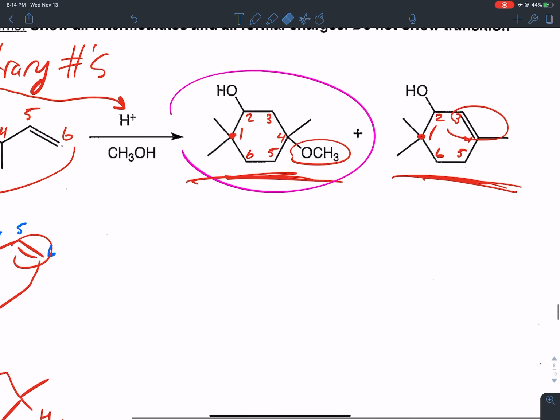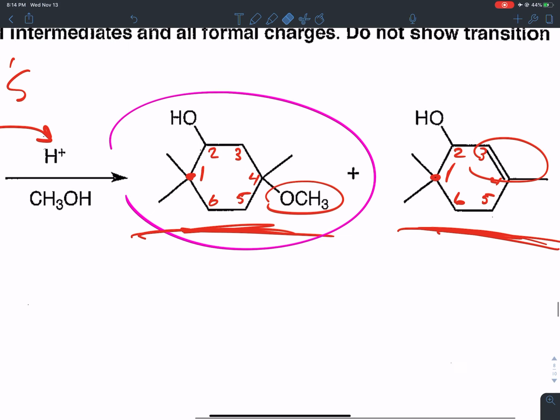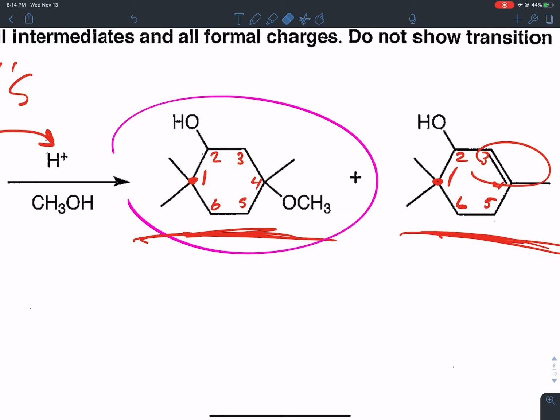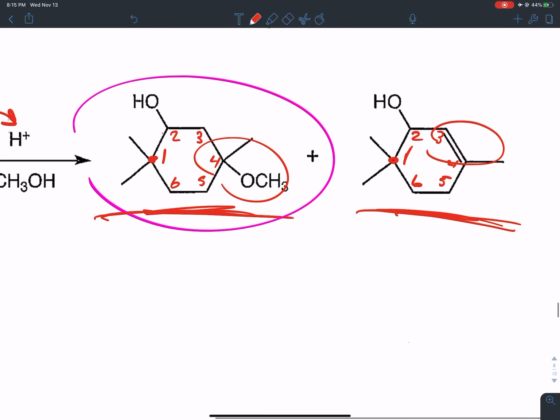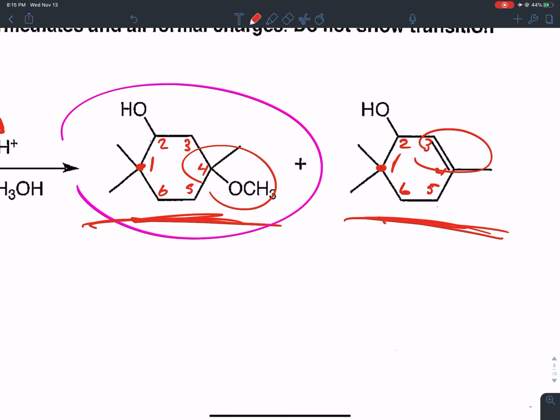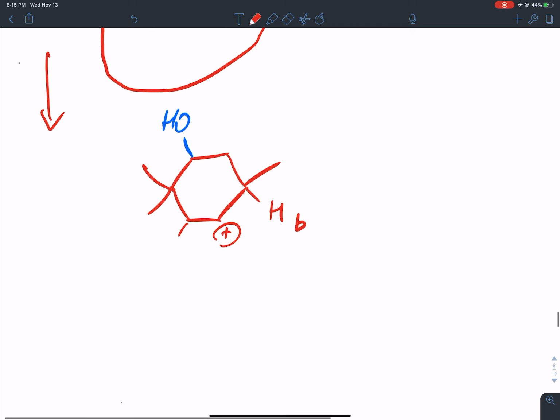Looking at our products too, we can also see that we're going to need to do a substitution on carbon 4. So we're going to need carbon 4 to be a good electrophilic site. So if you know the theory, great. If you don't, you can always look here and see what you need to make. So if you forget, there are ways out.